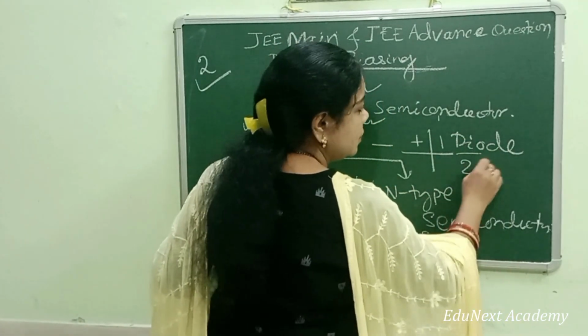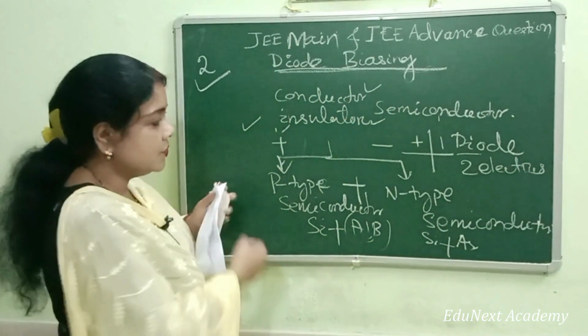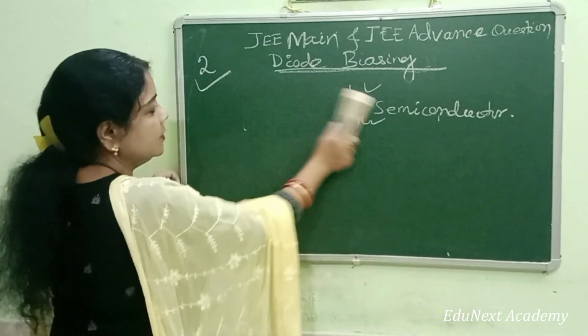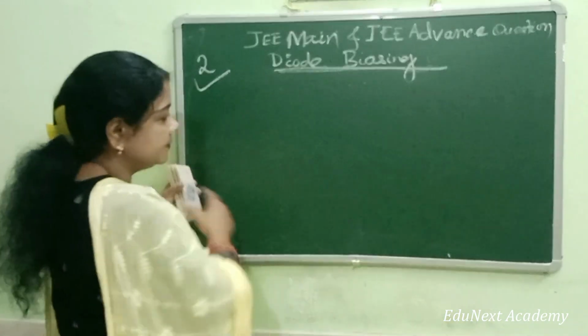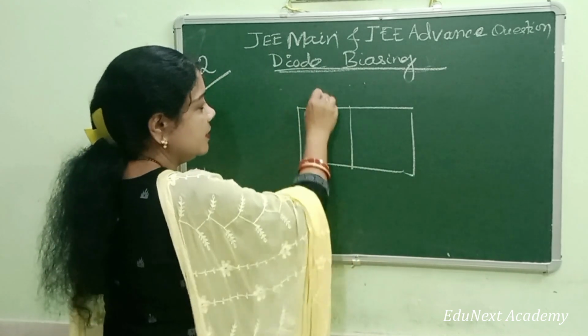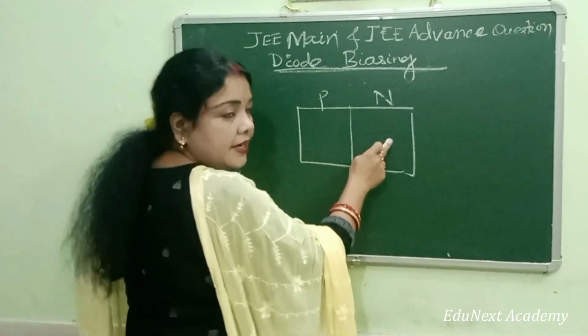Diode means two electrodes. So let us discuss this diode. If I draw a block diagram, then it is P and it is N. This is the P type semiconductor, this is the N type semiconductor.